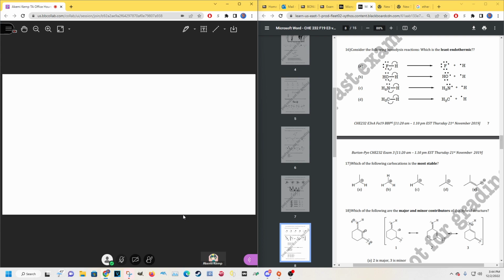Least endothermic. So for an endothermic reaction, let me just write down, energy is being absorbed, is not being released.